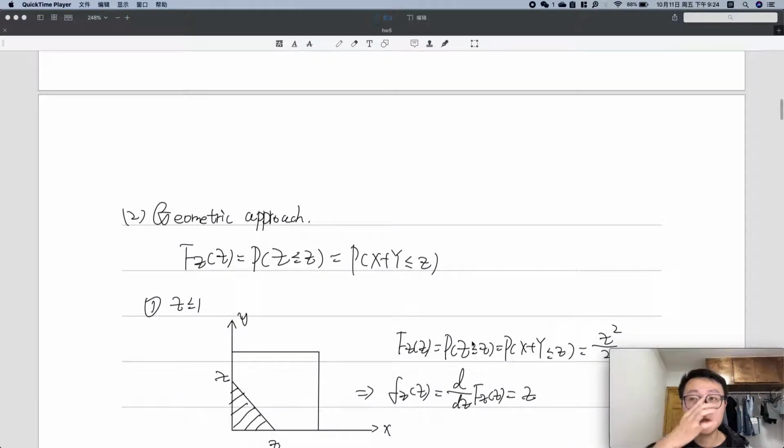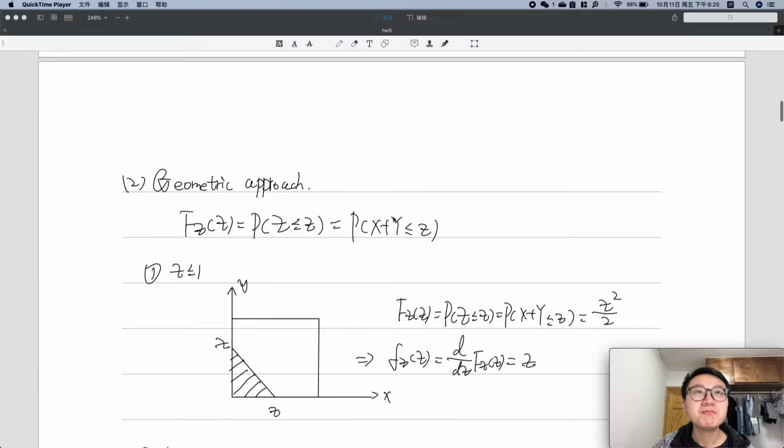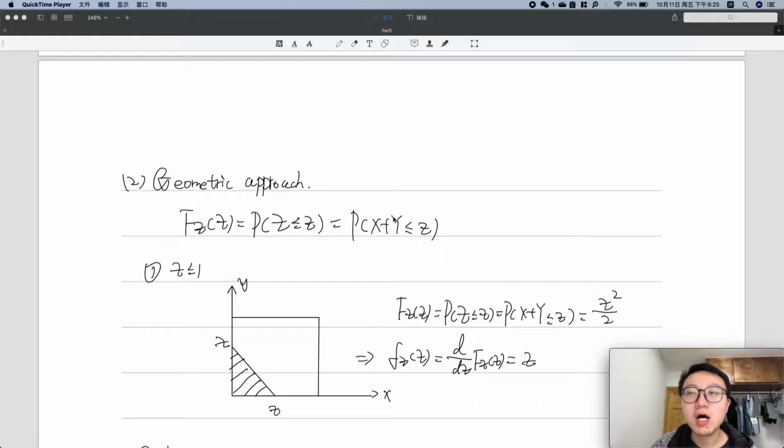The second sub-question is easier to understand than the first: use the geometric method, which just uses the definition of the probability distribution function. We can get the result very easily.